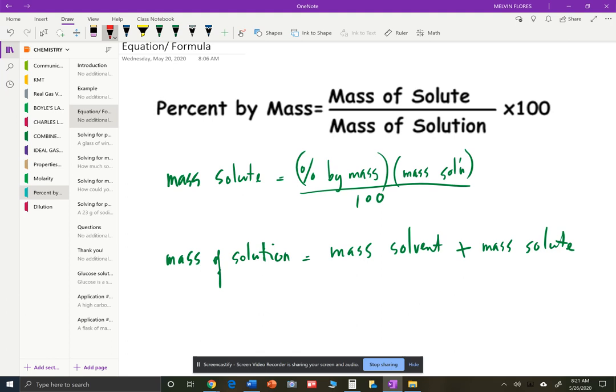And the mass of solution is calculated by getting the mass of the solvent plus the mass of the solute. So if you are looking for the mass of solvent, you need to know the mass of the solution first before you can calculate the mass of each component, solvent or solute.